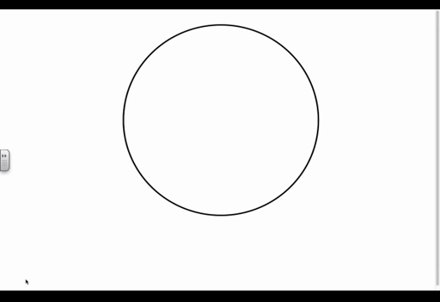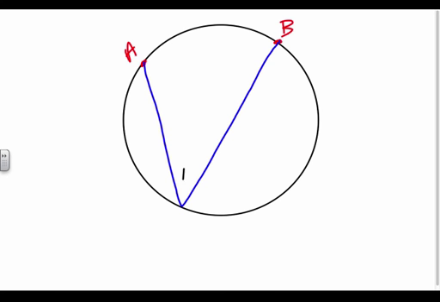Okay, we have another theorem here. Let's just draw myself an arc. Let's say I had arc AB, for example. And let's say I draw an inscribed angle, let's say about like right here. Okay? And let's just call this angle 1.